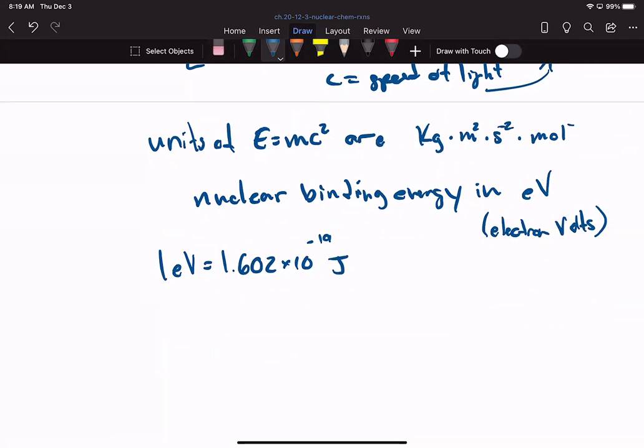And it just so happens that 1 joule is equal to a kilogram meter squared per second squared. So it's going to be really easy to convert the units of E equals mc squared into simply joules. It'll end up being joules per mole.